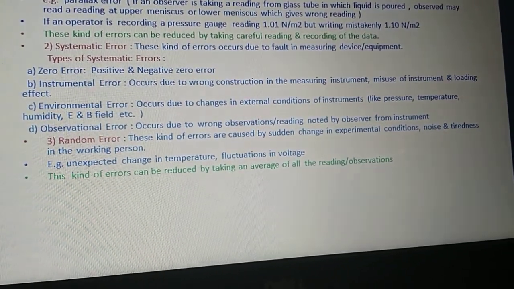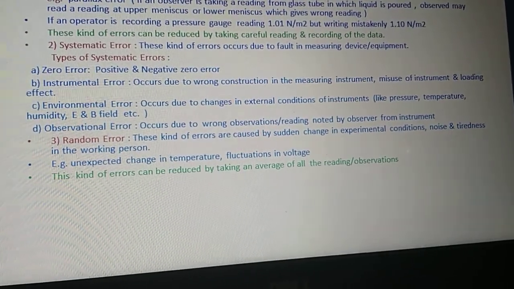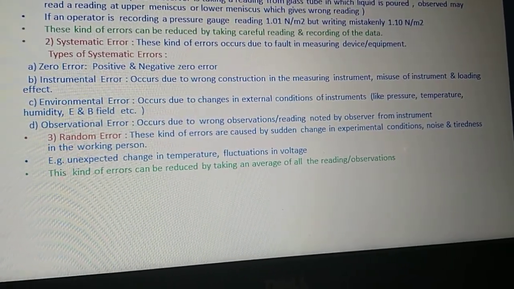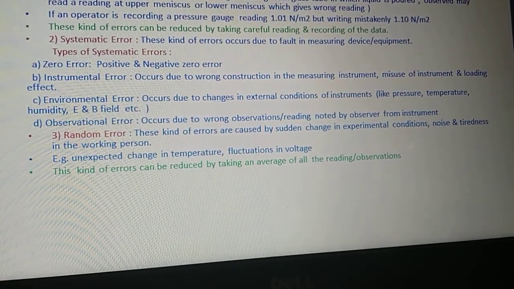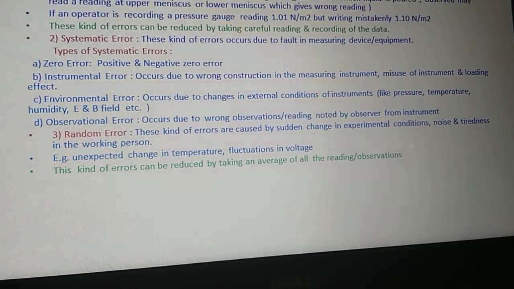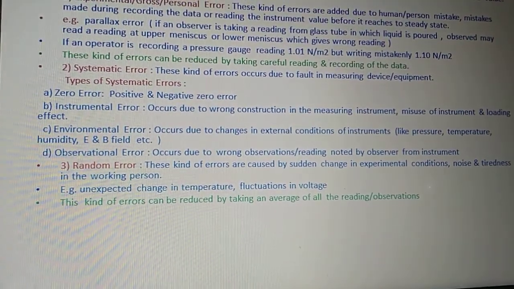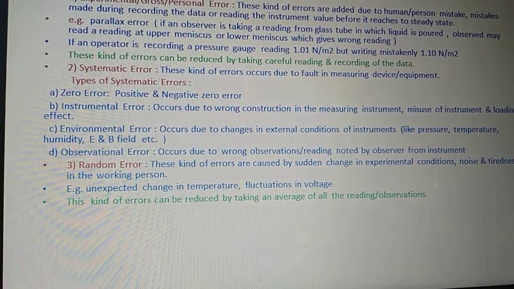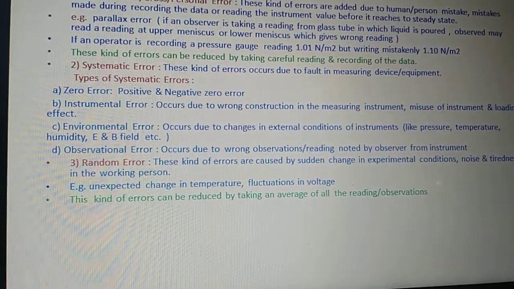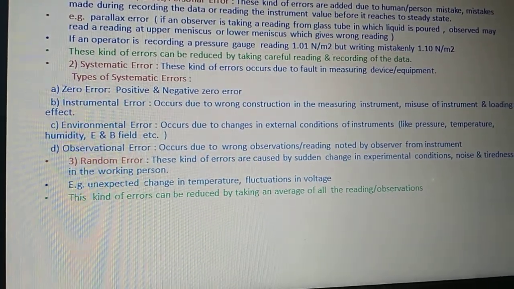While manufacturing the instrument, if an error is introduced in the instrument, that kind of error is called an instrumental error, or these kinds of errors can be introduced by the misuse of the instrument and the loading effect.